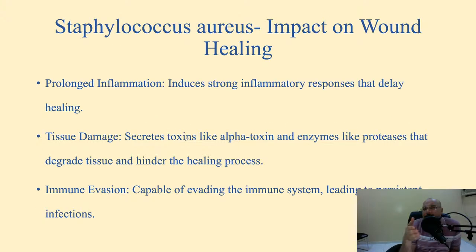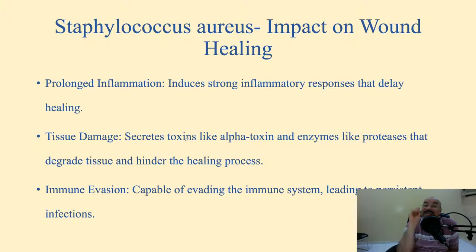What is the impact of MRSA in the wounds? Now, it's different from Corynebacterium and Staphylococcus epidermidis. Almost all types of wounds will have Staphylococcus epidermidis and Corynebacterium. Staphylococcus aureus, not all types of wounds will have it, because it does not easily come as an infection on wounds.